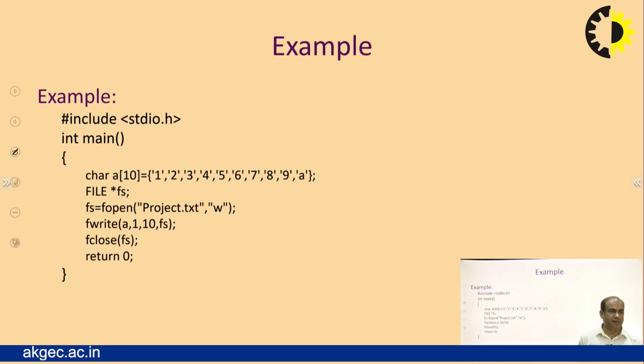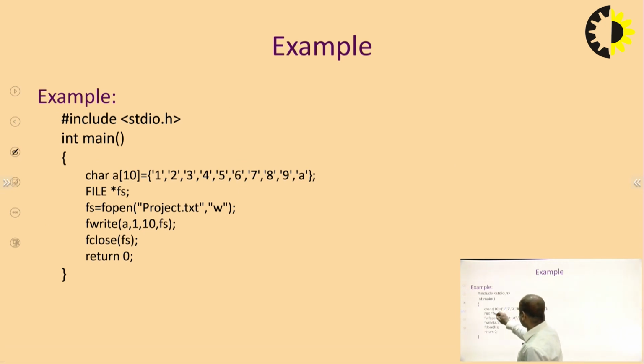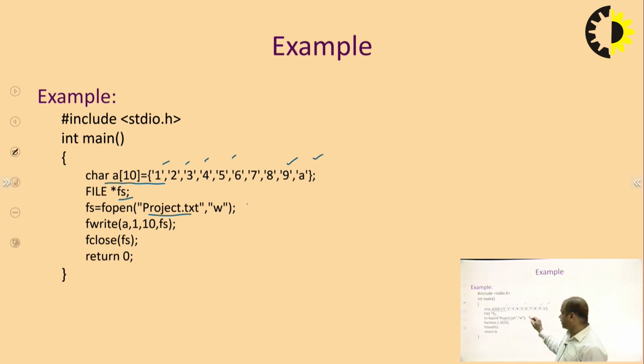Here see the example. Here the example is defined with an array with values 1, 2, 3, 4, 5 up to 9, and the tenth value is a. Now we have opened the file. File name is project.txt in write mode.